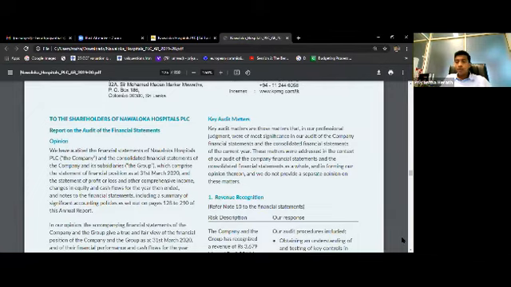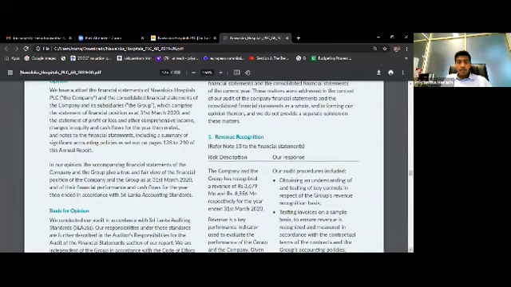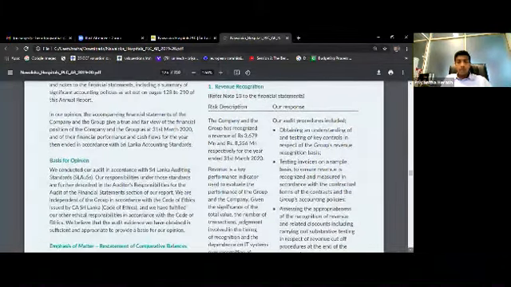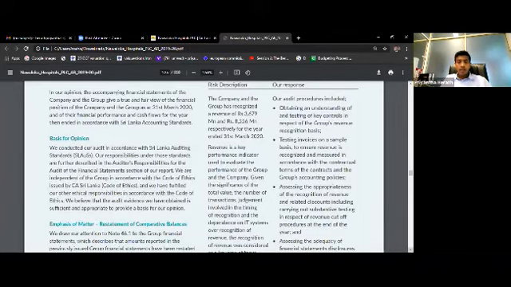First one is revenue recognition, right? So they disclose the company and the group has recognized revenue of 3.678 million respectively for the year ended 31st March 2020, right? Revenue is a key performance indicator used to evaluate the performance of the group and the company.